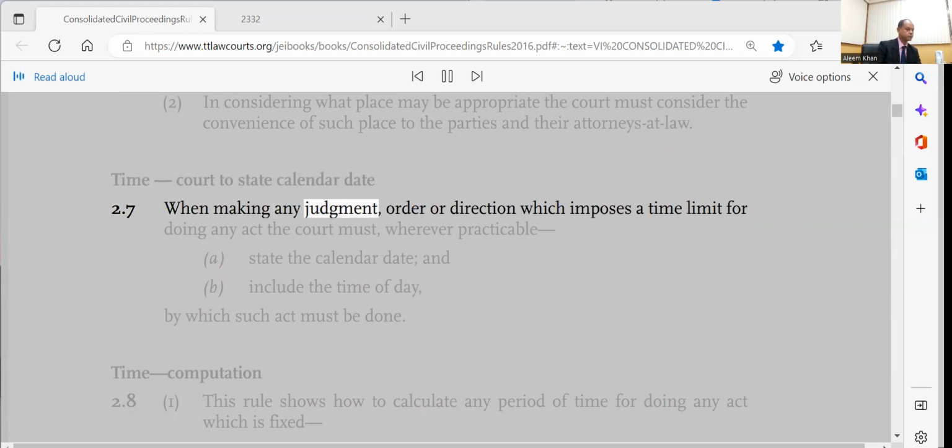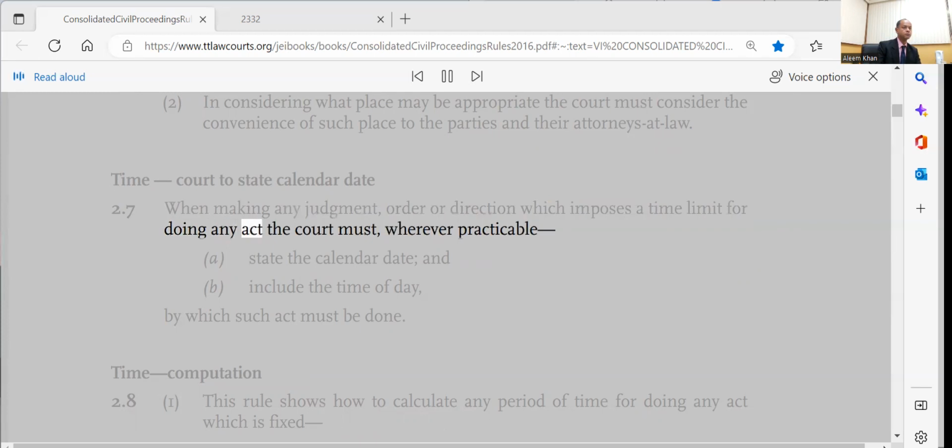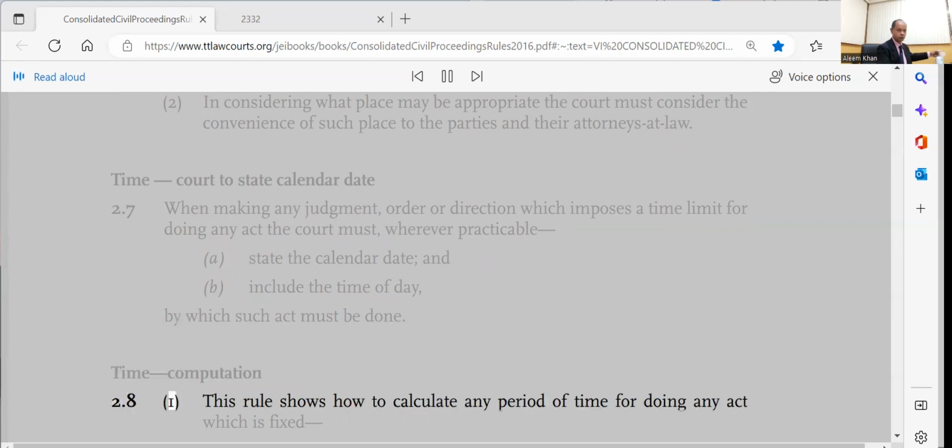When making any judgment, order, or direction which imposes a time limit for doing any act, the court must, wherever practicable, a. state the calendar date, and b. include the time of day by which such act must be done. Time. Computation 2.8. 1. This rule shows how to calculate any period of time for doing any act which is fixed.